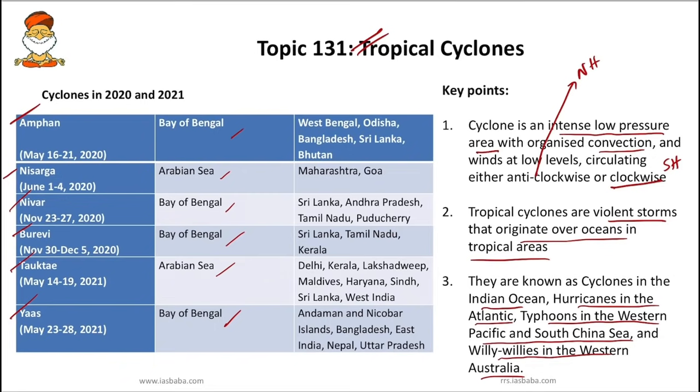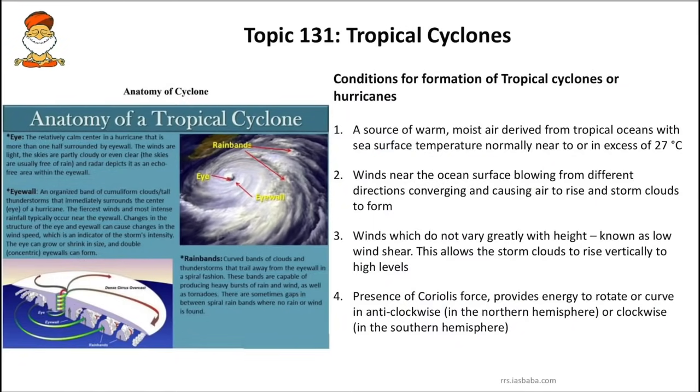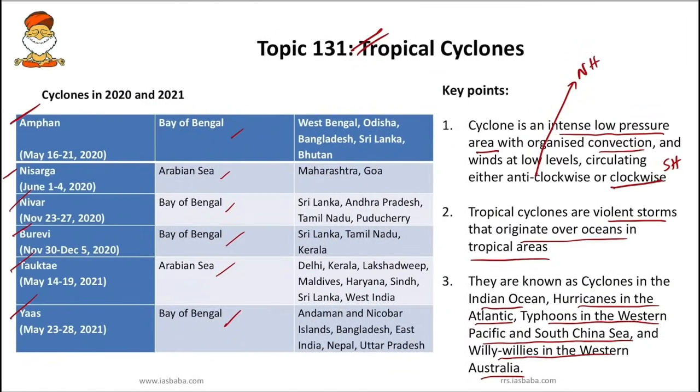There is no difference. For prelims, just remember these tropical cyclones or hurricanes use warm moist air as fuel and they form over warm ocean waters near the equator. And tropical cyclones are called by different names, right? They form over Atlantic Ocean, they form over Pacific Ocean, with different names.